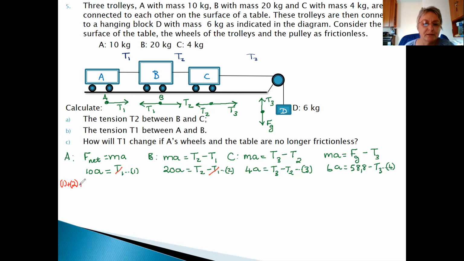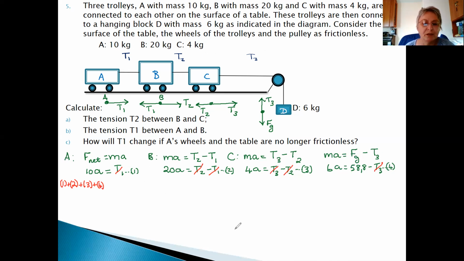If I add the third equation there, I would be able to cancel the T2s. And if I add the fourth equation, I would be able to cancel the T3s.